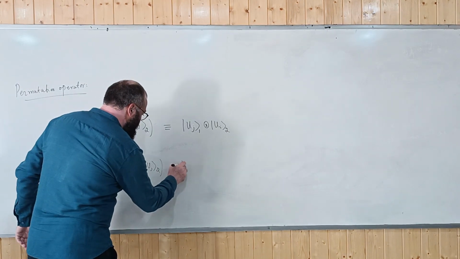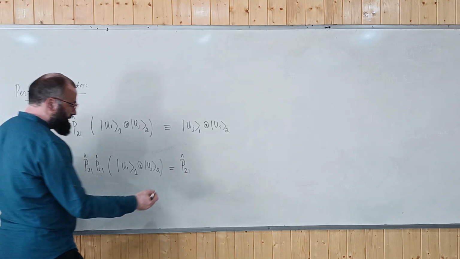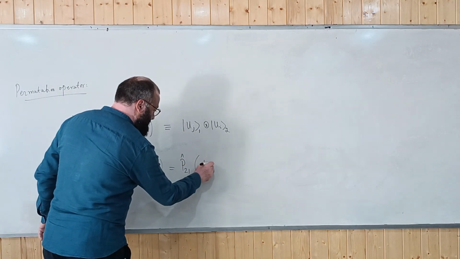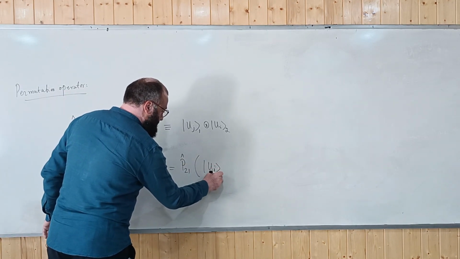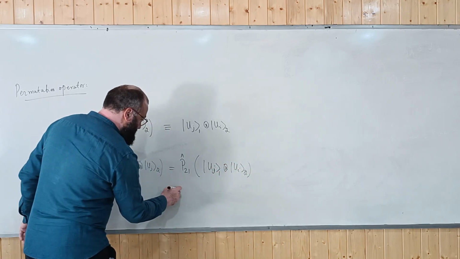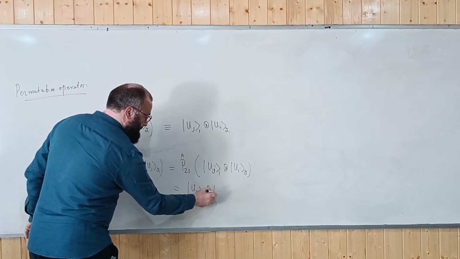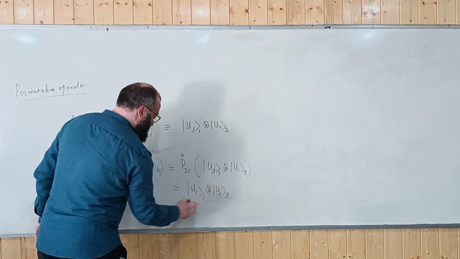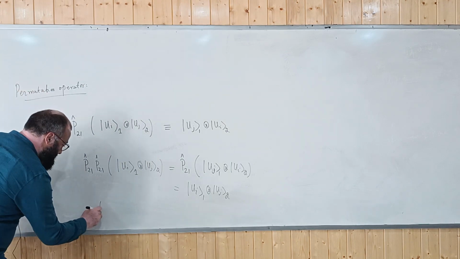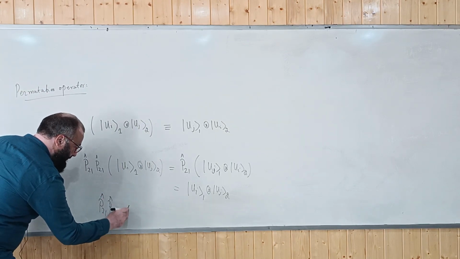I am applying this twice, so you get uj1 tensor ui2. Clear? Then replace again, so ui1 tensor uj2. Clear? So you get back. So it means P21 squared is equal to identity.